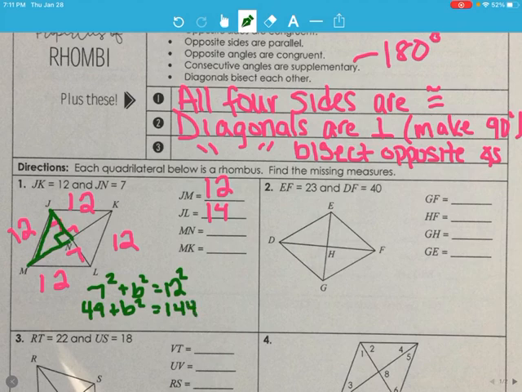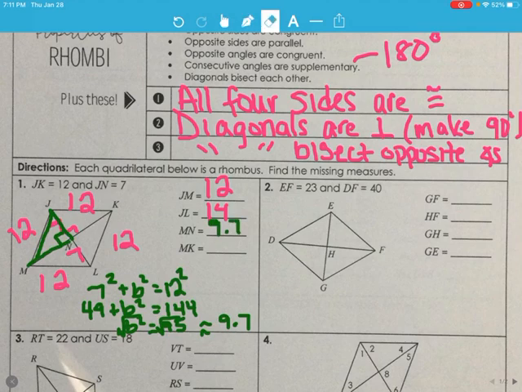When I get rid of 49 from both sides, B squared equals 95. And the square root of 95 is about 9.7. So MN is 9.7.